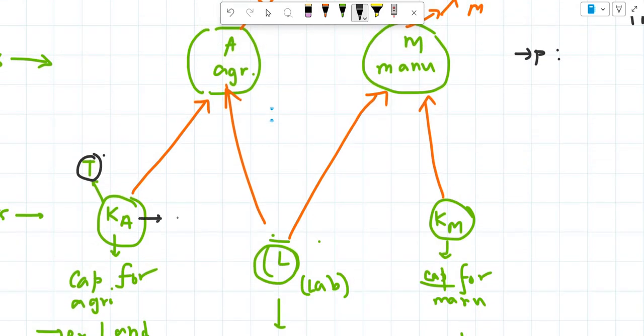Suppose this is W. So you have wage for this, you have rent for this, say RM, and you have rent for this. This is not rent, this is actually interest rate, and this is rent, right?